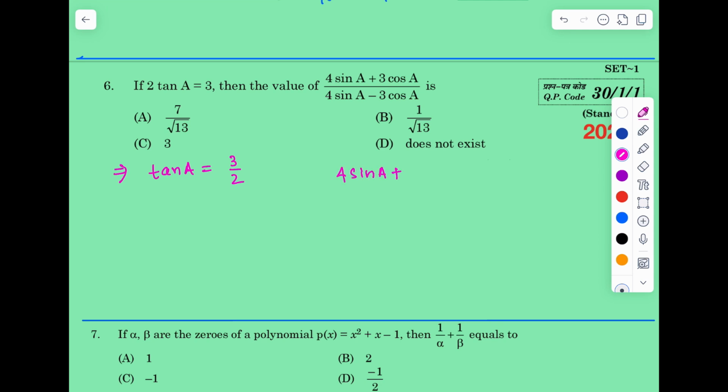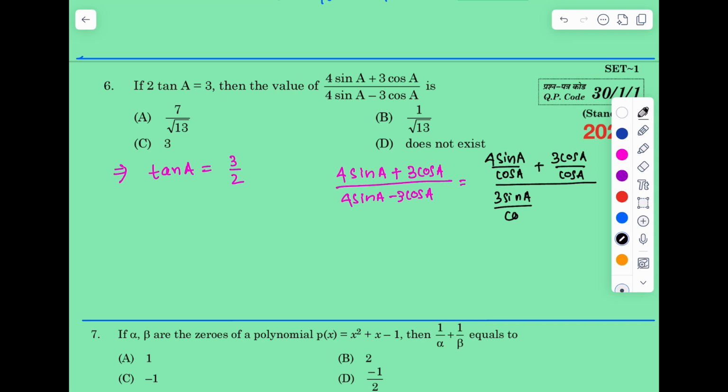Now the expression is 4 sin A plus 3 cos A divided by 4 sin A minus 3 cos A. We can rewrite it by dividing the numerator and the denominator by cos A.